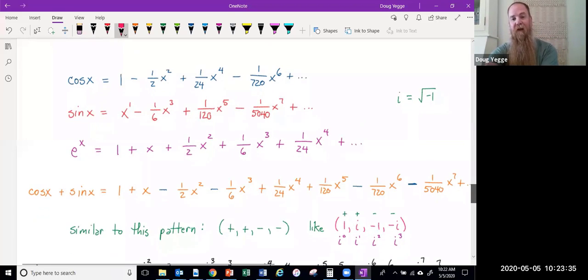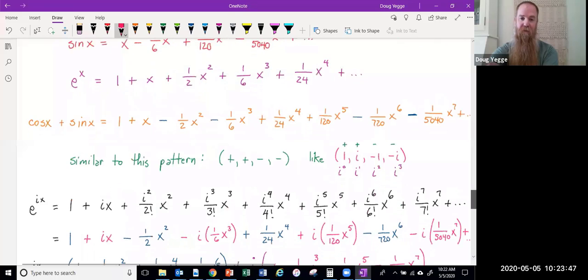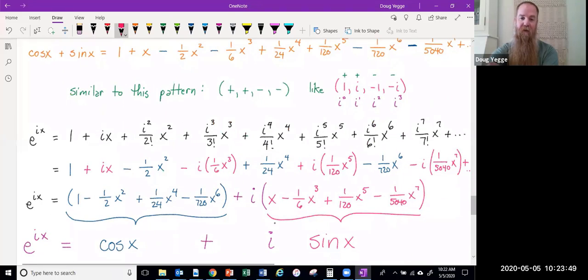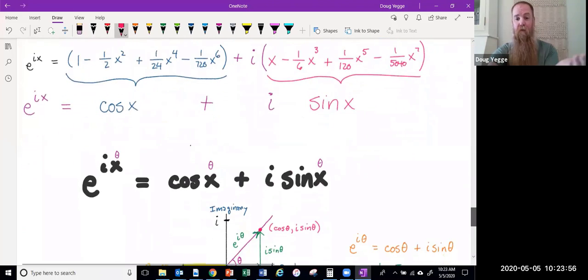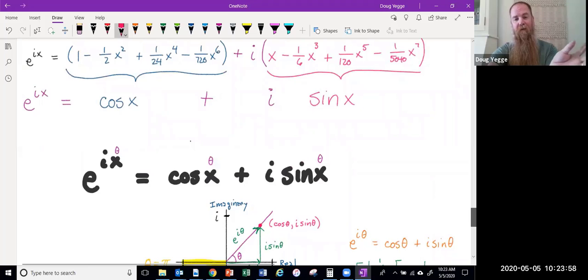But if I end up looking at what the expansions for cosine x and sine x are, we realized that they were similar to e to the x. And if we just plugged in ix instead of x into the e function, we ended up getting that alternating pattern where this imaginary number showed up. And so we said, well, that's cool, but what does that mean? So we showed geometrically what it means. But then we said, what if we force that x value, that angle, to be pi?